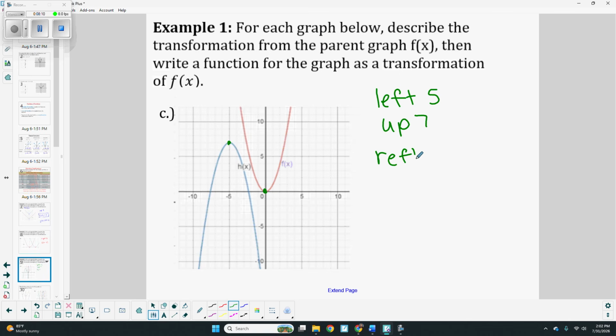So we did a reflection over the x-axis. So remember, the reflection happens to the whole thing, so that's just going to go out front. What goes left and right happens to the x. So left 5, opposite of negative 5 would be plus 5. And then we went up 7, so plus 7 afterwards.